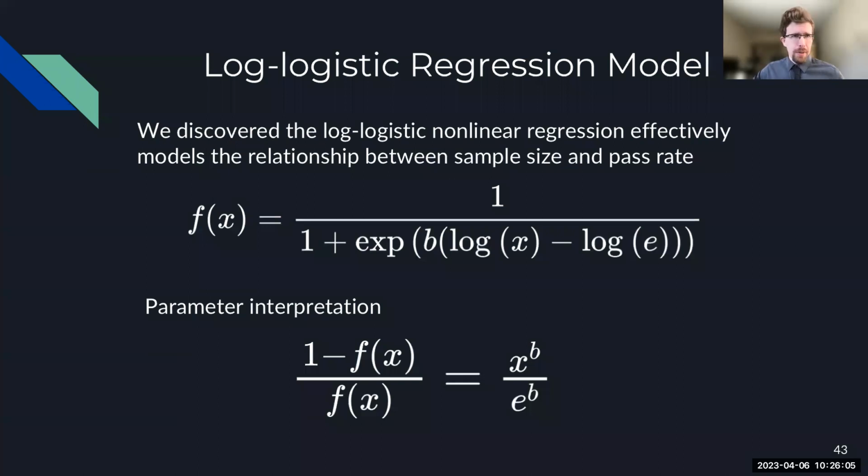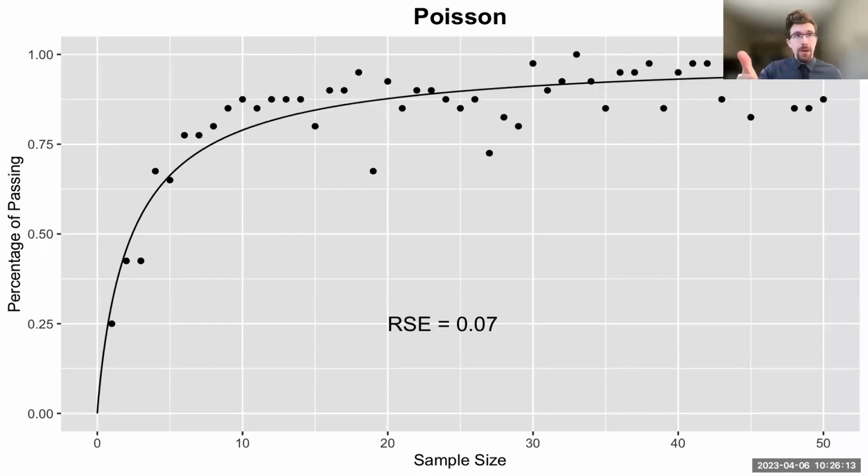So we tried this model for all the distributions, and we found it worked really quite well. Here's the same scatter plot of Poisson, but with the log logistic curve, and it reported an RSE, or residual squared error, of 0.07, which is a moderate to strong fit.